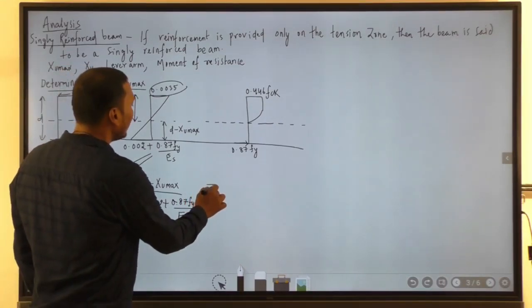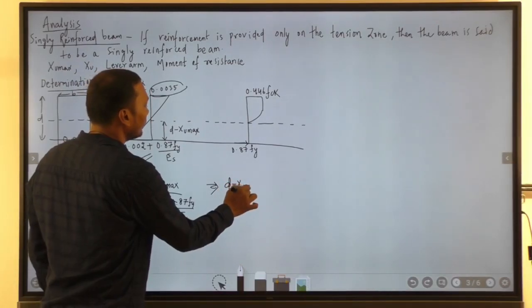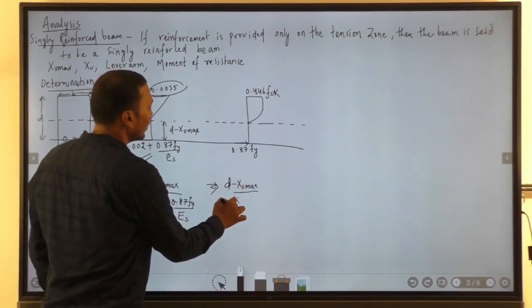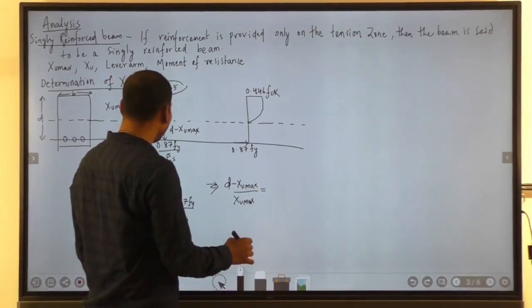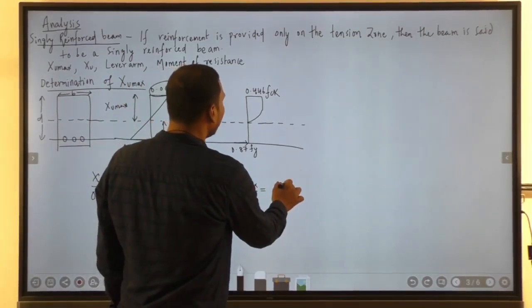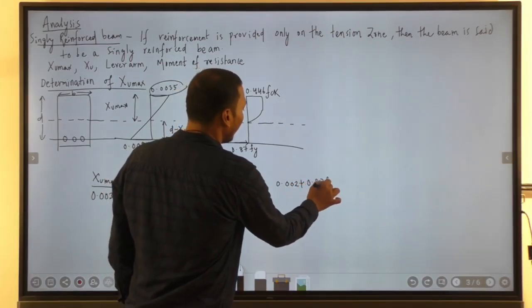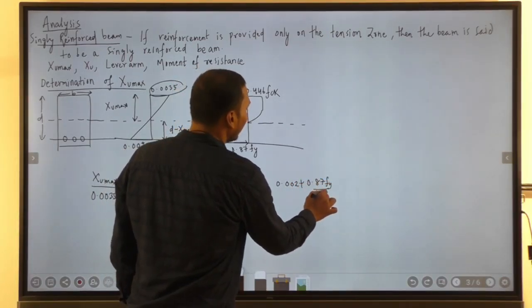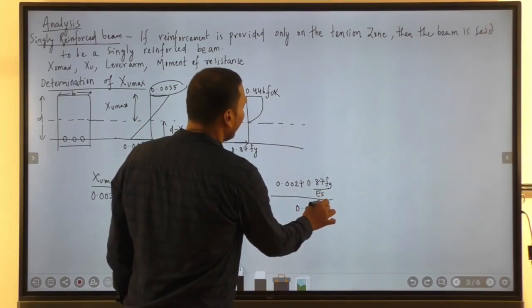So it implies that d minus Xu max by Xu max is equal to 0.002 plus 0.87 fy by Es whole divided by 0.0035, right?